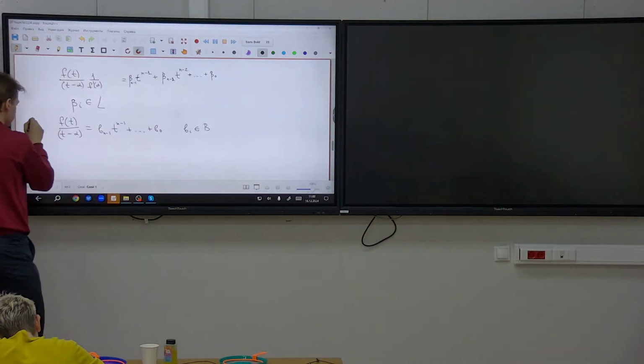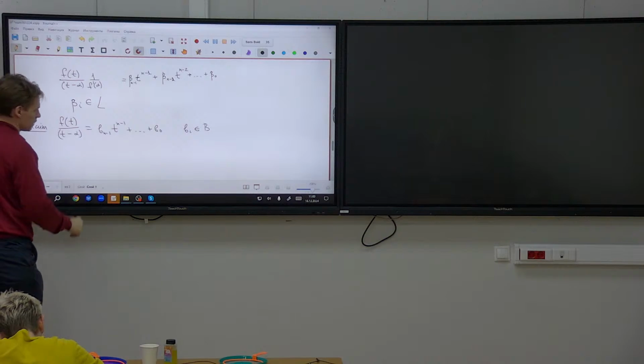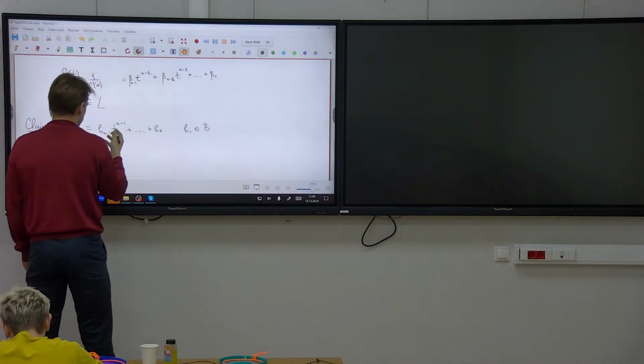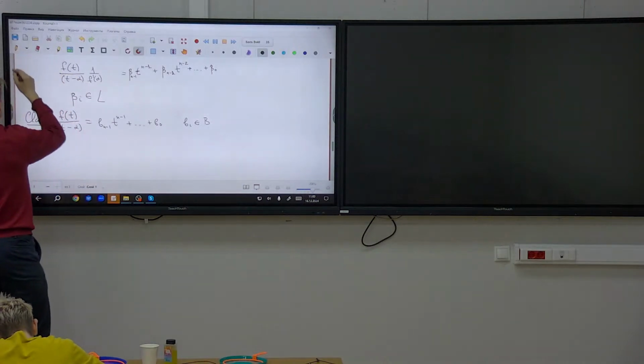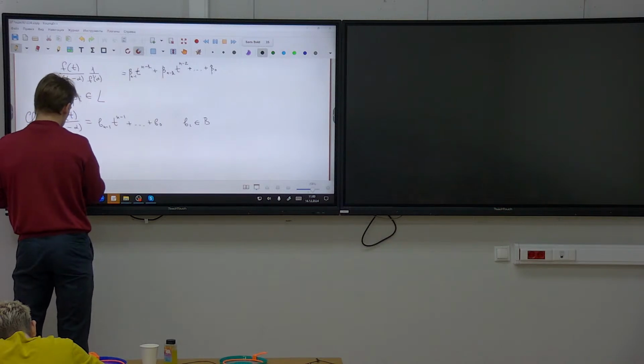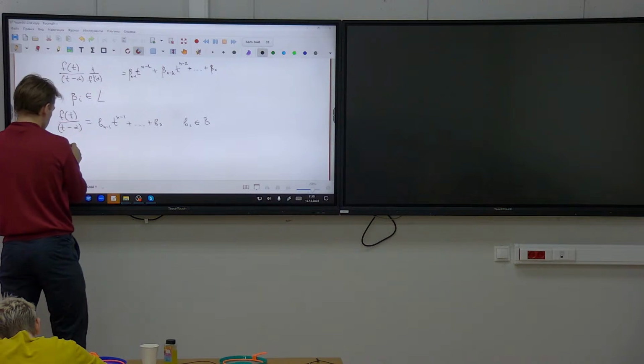The claim is that the beta i's are inside b, and the reason for that is very simple: you just have the corresponding equations. If you write down f of t, you look at the corresponding coefficients.